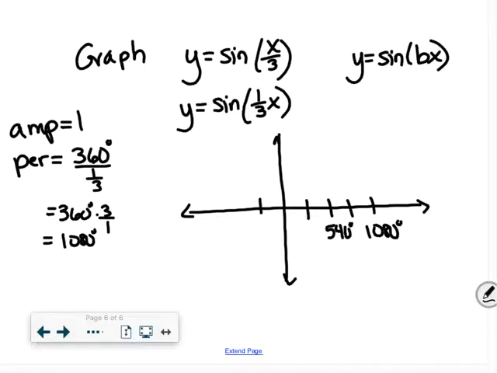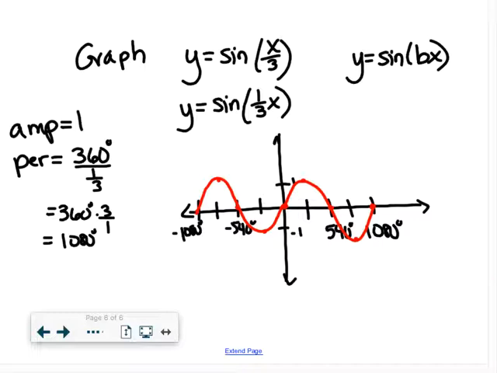Halfway is 540. All right, so this is 0, 0. Sine curve starts at 0. Eventually, we're going to graph cosine and tangent. And you follow your pattern.